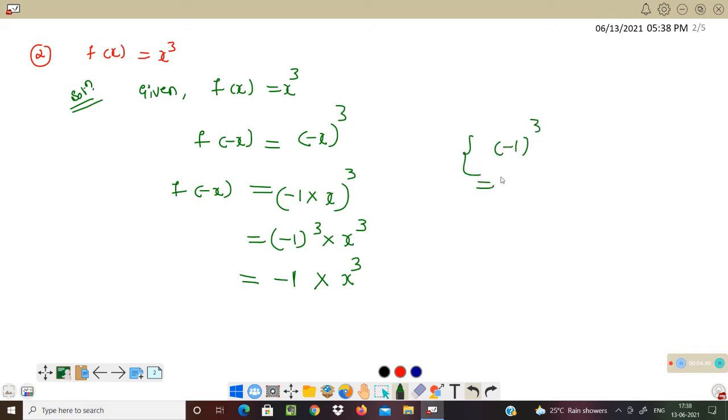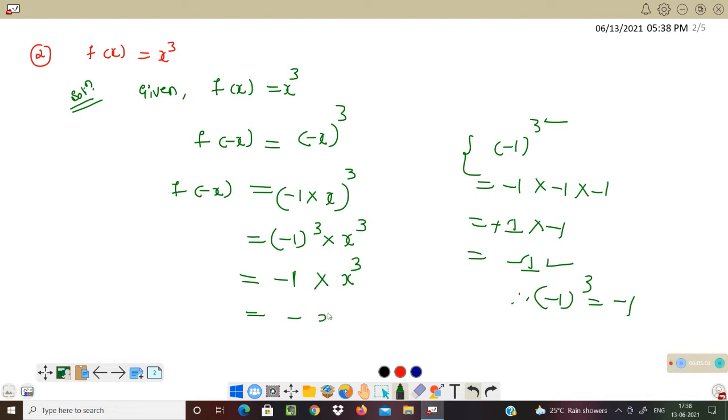It means we have to multiply minus 1 three times, since there is a cube. Minus 1 into minus 1 is plus 1, and plus 1 into minus 1 is minus 1. Therefore minus 1 cubed is minus 1. So minus 1 into x cube is minus of x cube.